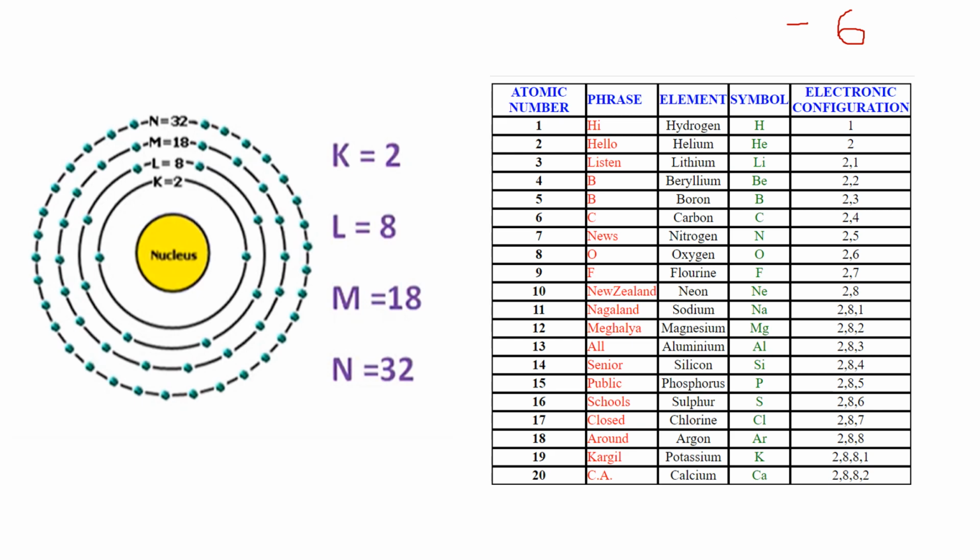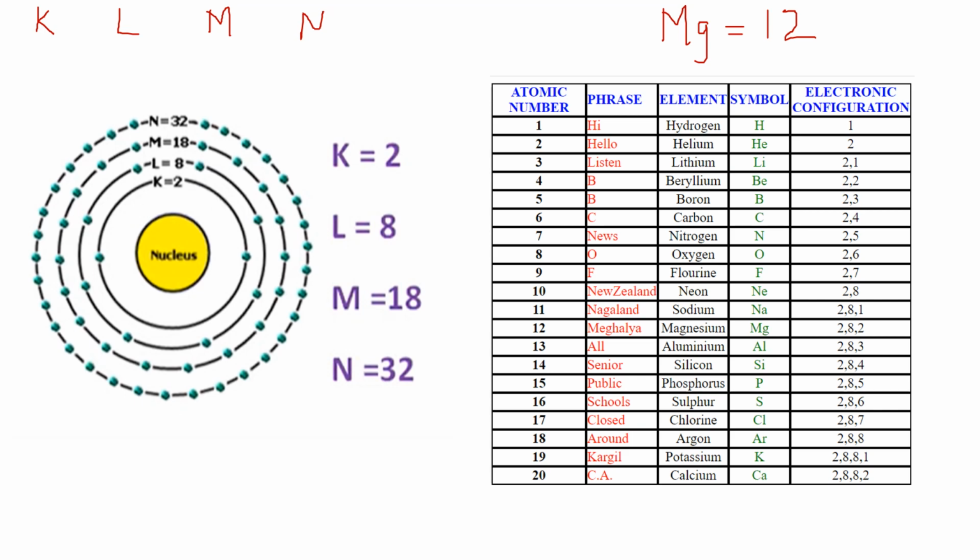First, what is the step to write an electronic configuration? The easiest way of writing the electronic configuration of any element is first to write how many electrons are present. That's why knowing how many electrons are present in an element is very important. Magnesium has 12. Then the next step is K, L, M, N, which helps in writing the electronic configuration in the easiest manner.